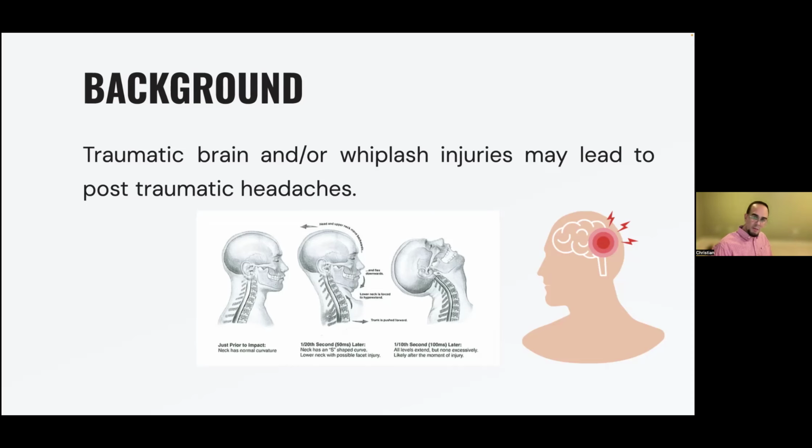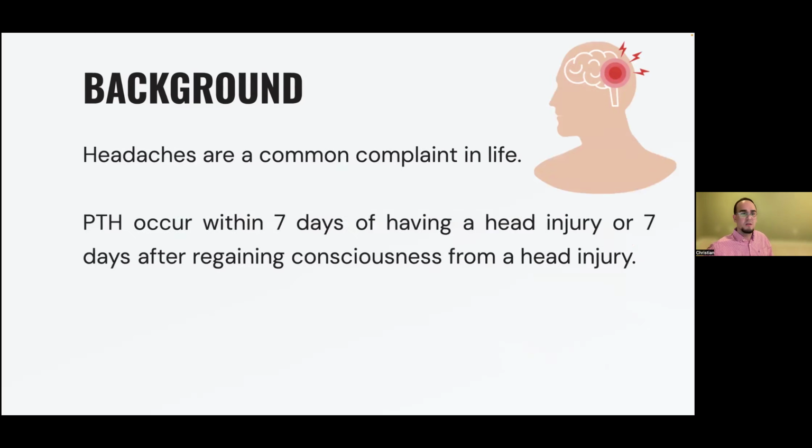And then the whiplash injury itself is basically the sudden neck movement that we see, especially when patients are being hit from different angles. Typically we see the neck moving around certain structures that are going to be more susceptible to injury than others. And then, as I mentioned, headaches are going to be a common complaint in general life.